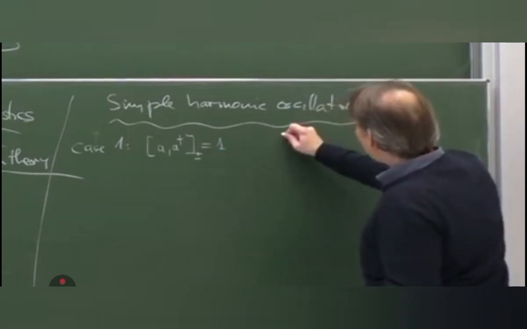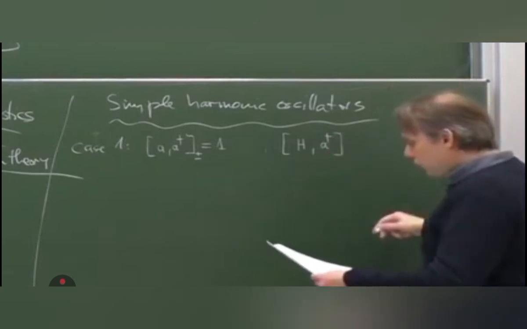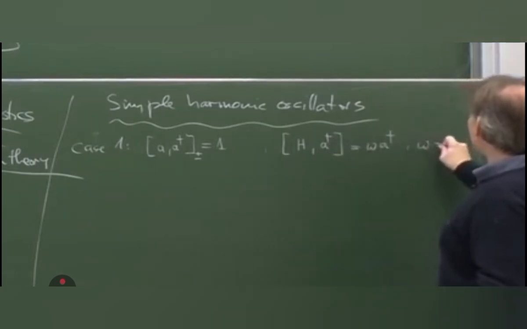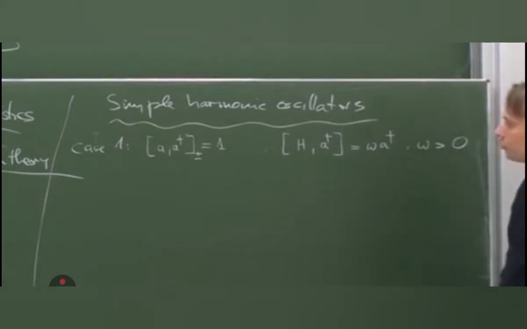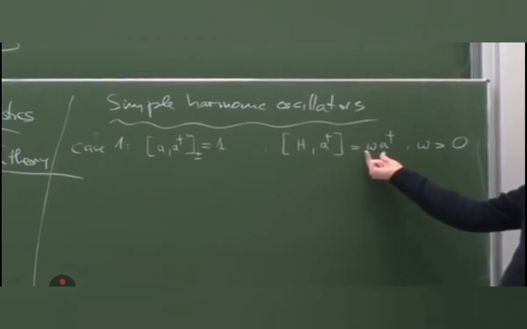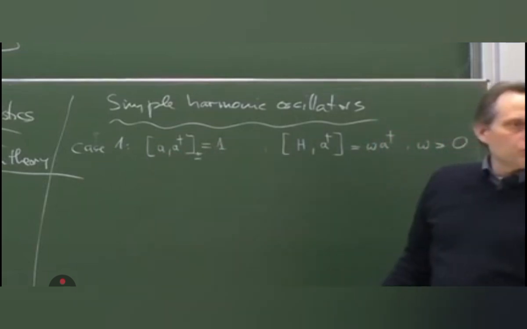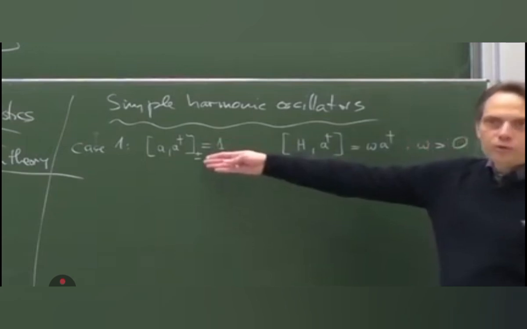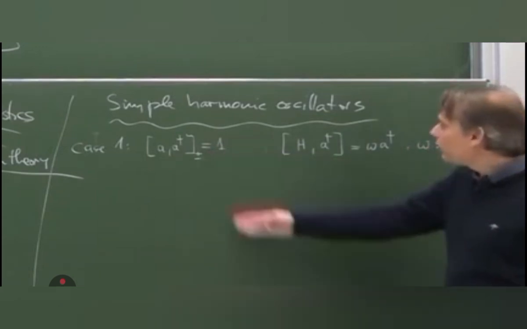And we have some Hamiltonian H which satisfies that the commutator of H with A dagger gives omega A dagger, where omega is positive. That is the totally normal situation of a harmonic oscillator. A dagger is the creation operator and it creates states with energy omega. You have bosonic harmonic oscillators, you also have fermionic harmonic oscillators, which you might have discussed in some lectures or not, but anyway, that is both okay.